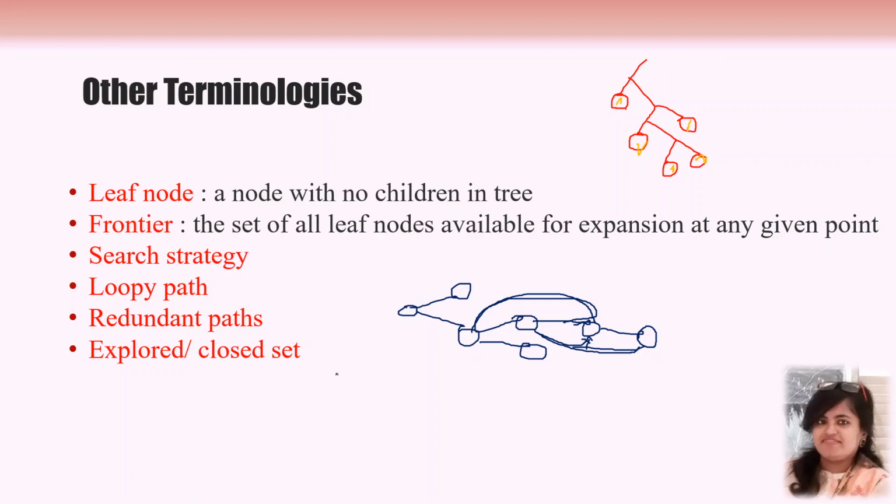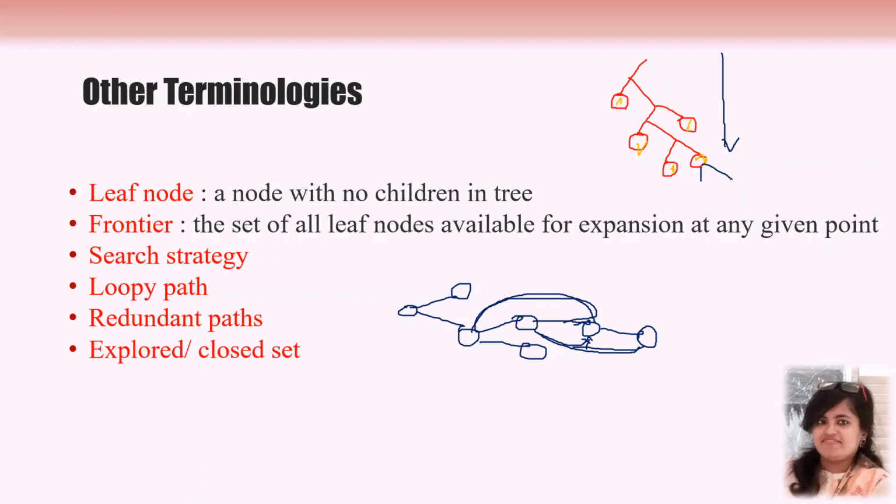Now the explored or closed state. So one particular tree you are expanding. So this is where we are expanding the tree, right? So these particular nodes, we have already checked whether the goal node is present in them or not. So this part of the tree has already been explored.